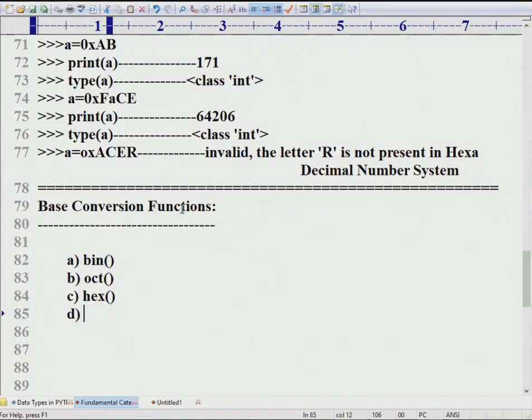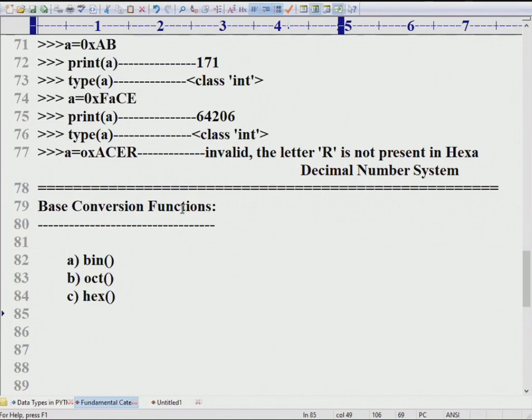I will tell you one more beautiful function later: int of value, and then the base number. The base can be either 2, 8, or 16. That function I will tell you later. Don't worry at this moment.